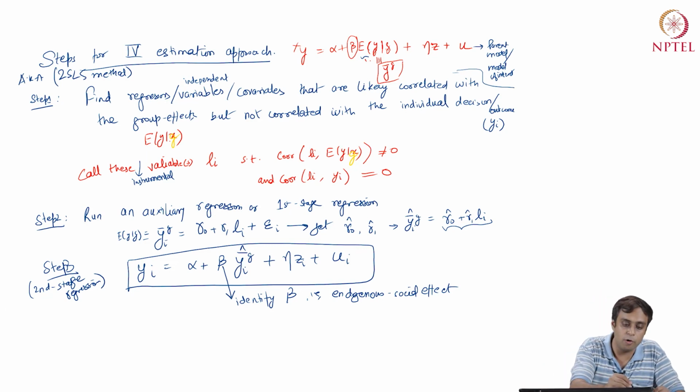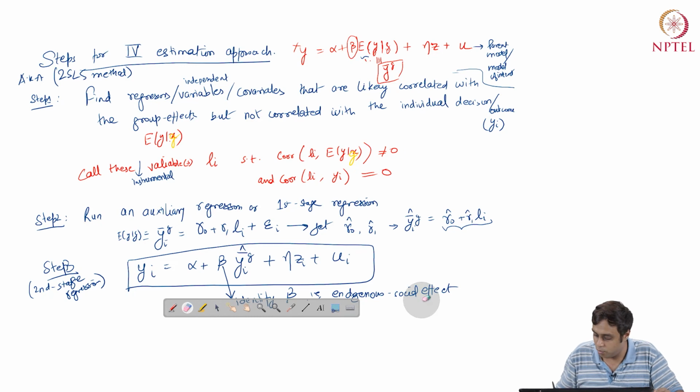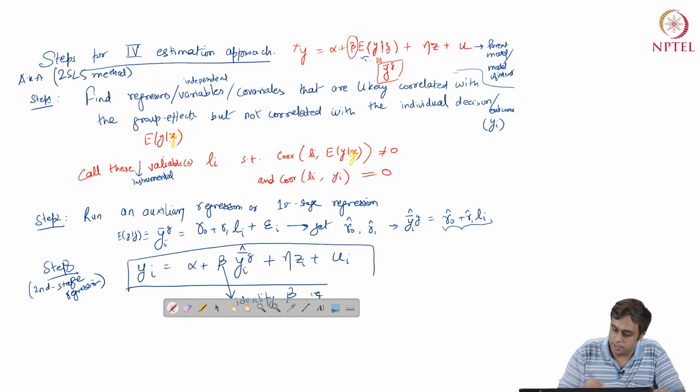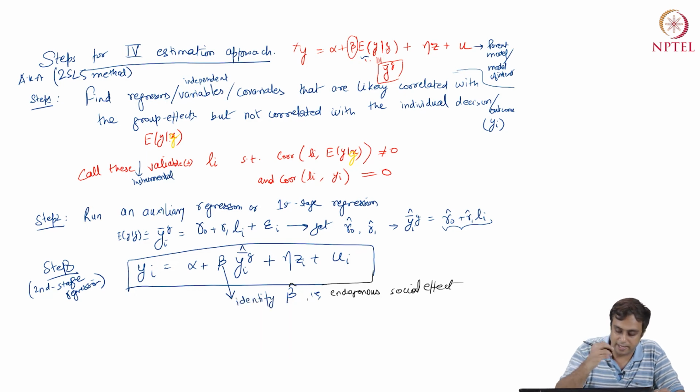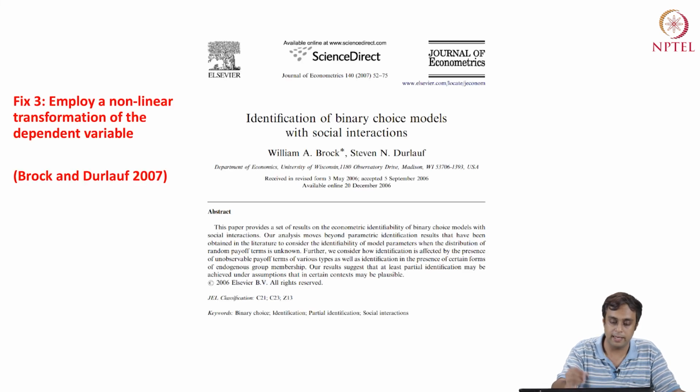So I am not going to call this an endogenous effect anymore. Beta is, of course, the social effect that I am after. So it is indeed an endogenous social effect. So, beta hat will represent that. So this is the second fix that I am proposing in this lecture.